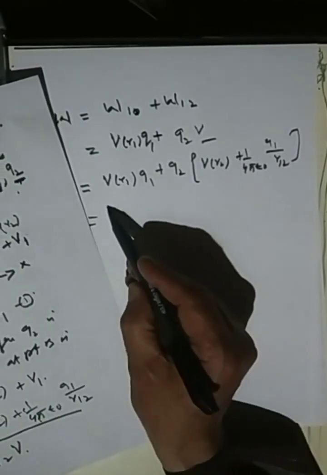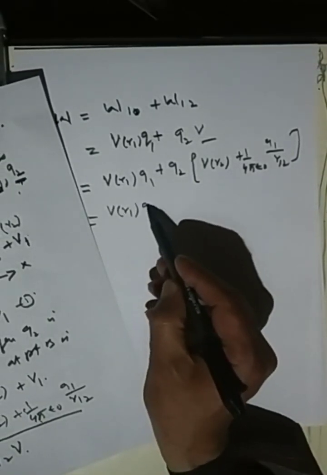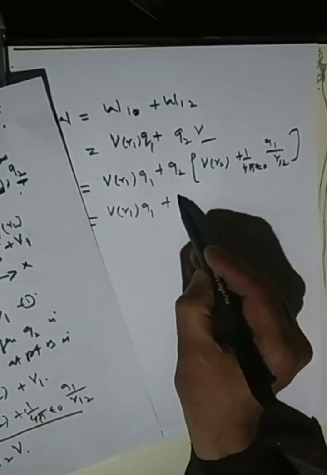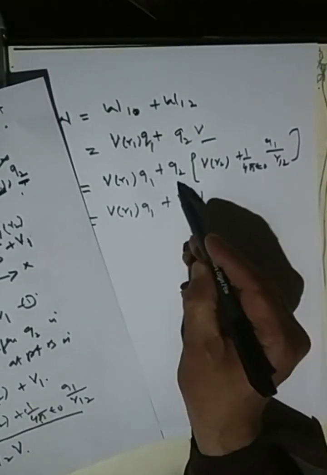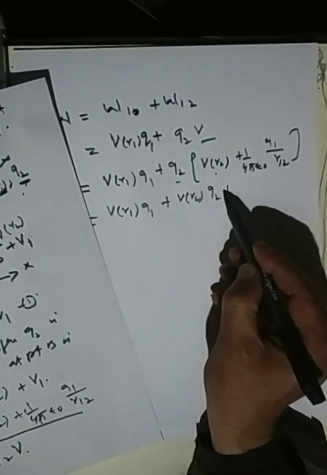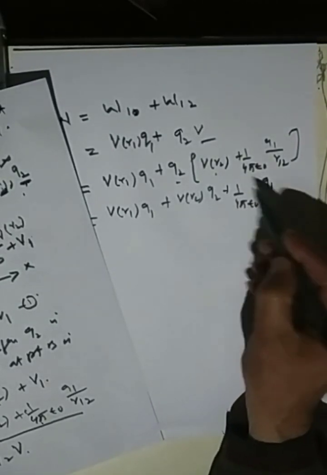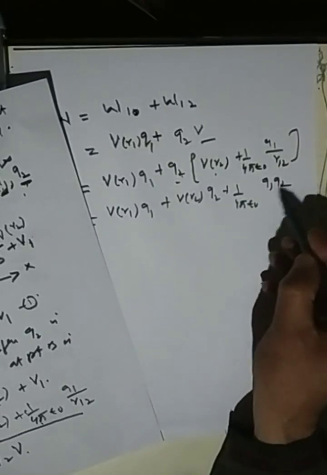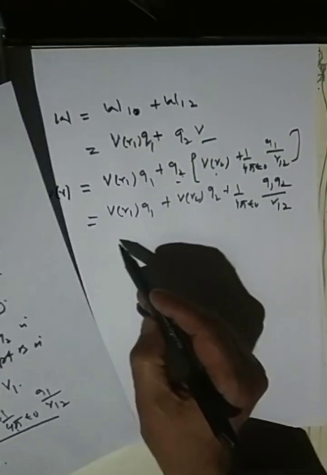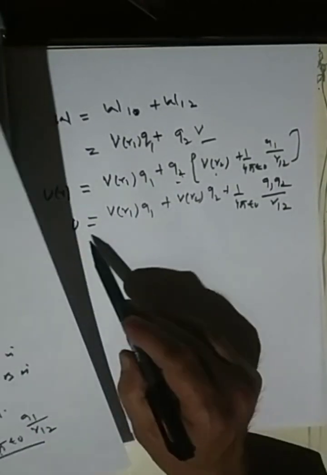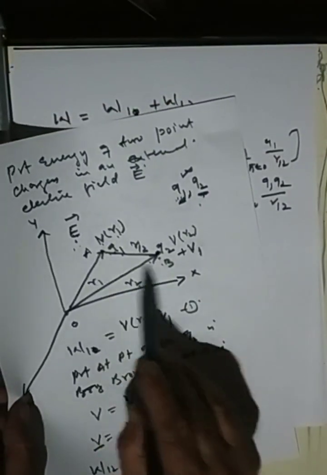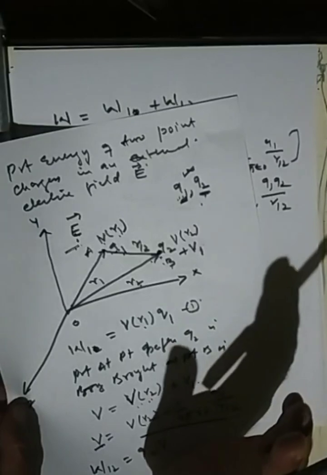Arranging the terms, it will be V(R1) Q1 plus V(R2) Q2 plus 1 by 4 pi epsilon 0 Q1 Q2 by R12. This is the potential energy stored in the two charge system in an electric field E produced by some charge configuration.